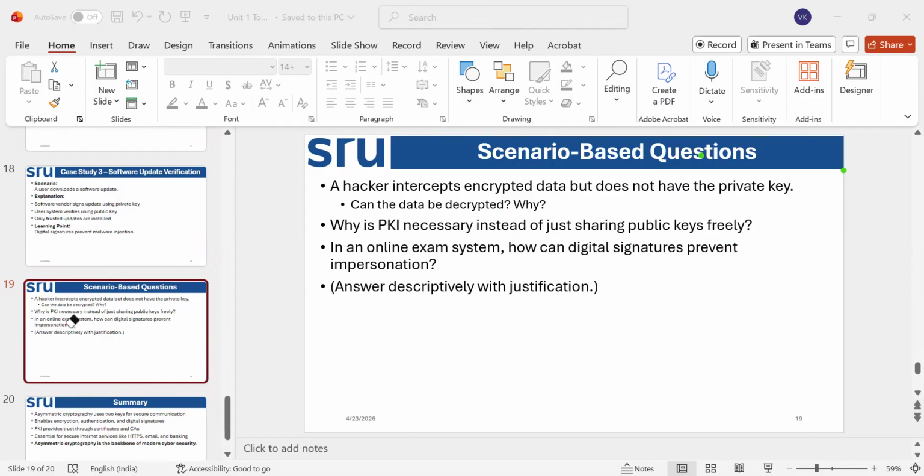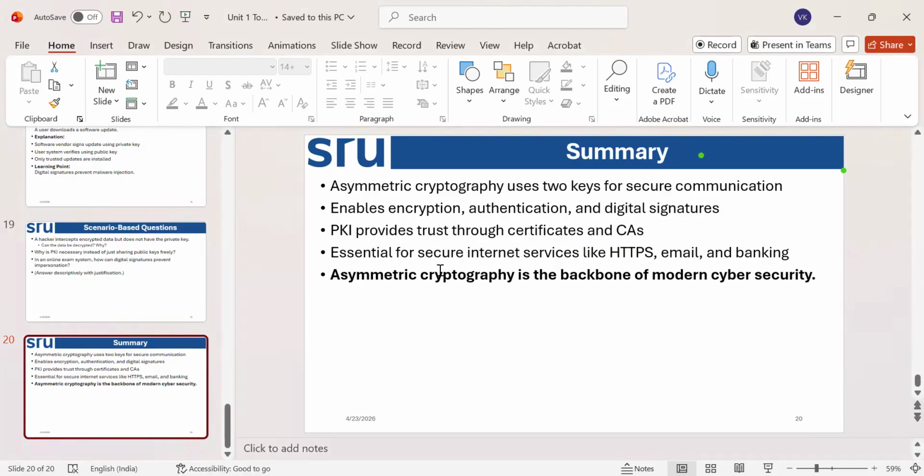So these are the things we understood. Summary of what we understood today: asymmetric cryptography uses two keys for communication. It enables encryption, authentication, and digital signatures. PKI provides trust through certificates and CAs.